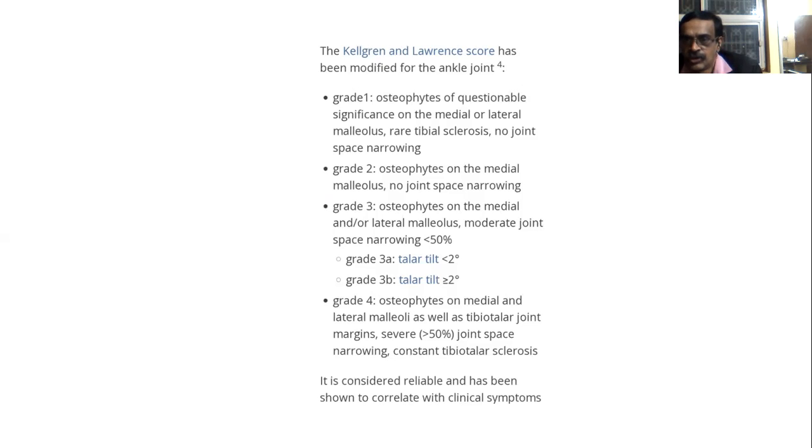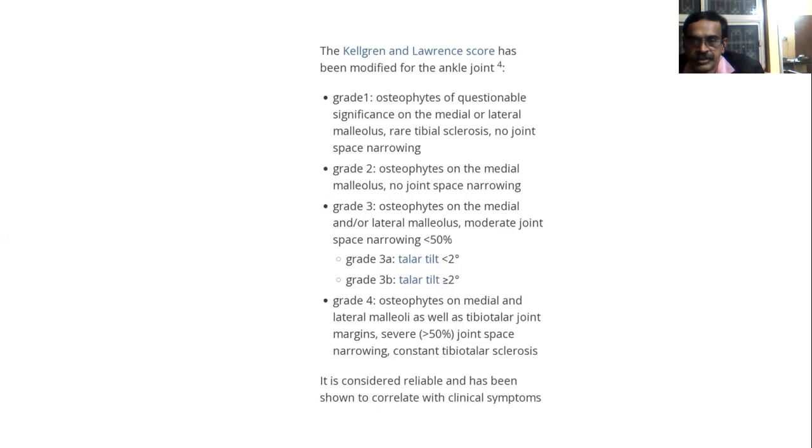In grade 2, osteophytes on the medial malleolus, no joint space narrowing. Grade 3, osteophytes on the medial and lateral malleolus, moderate joint space narrowing, that is less than 50%. Grade 3A, talar tilt is less than 2 degrees.